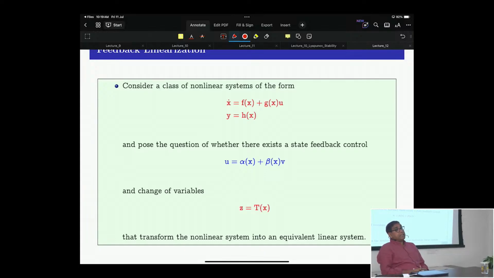While fitting any model to a system, as I told you, you must decide why you are fitting the model. Otherwise, modeling is not fun, right?